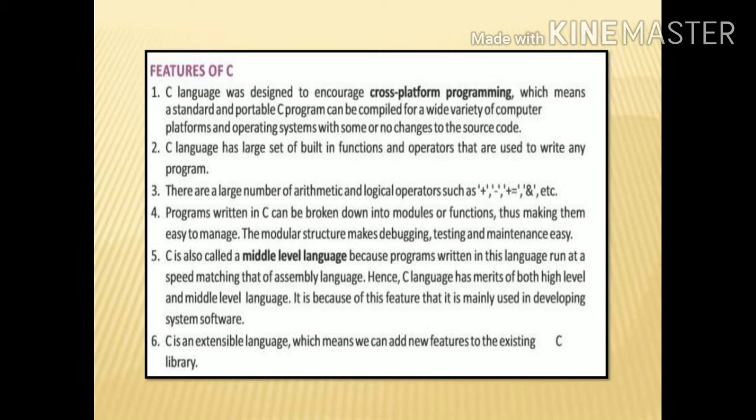There are a large number of arithmetic and logical operators such as plus, minus, logical and, logical not. So there are many operators in the C language while writing the code. Next, a lengthy program can be broken down into modules or functions, so that whenever you call the function, it will be executed.